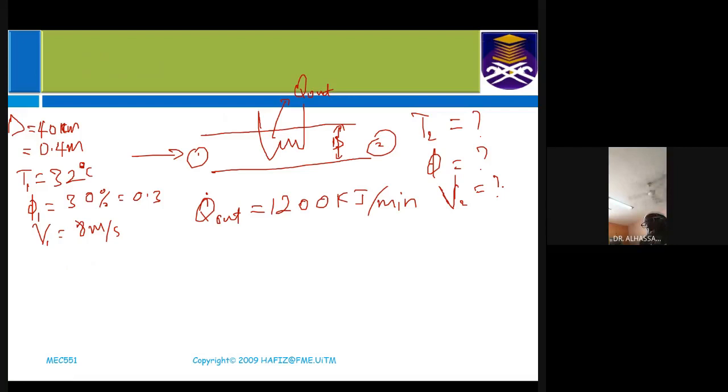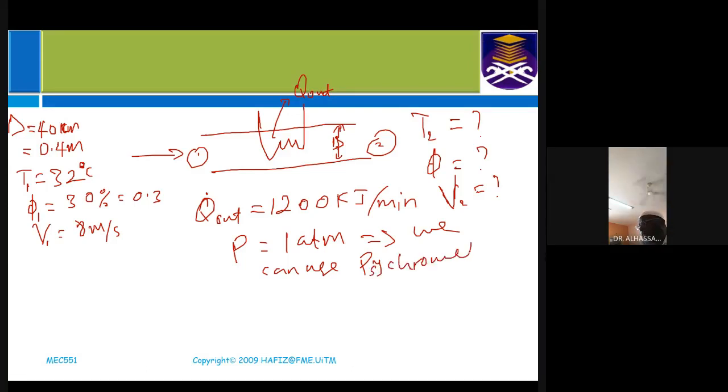Yes, so first thing, since the working pressure over here equals 1 atmospheric pressure, this implies we can use the psychrometric chart.